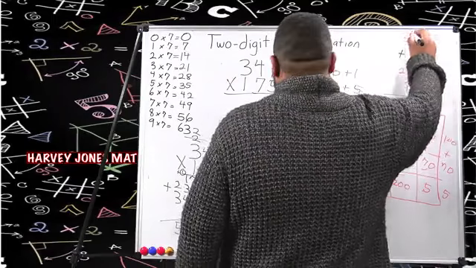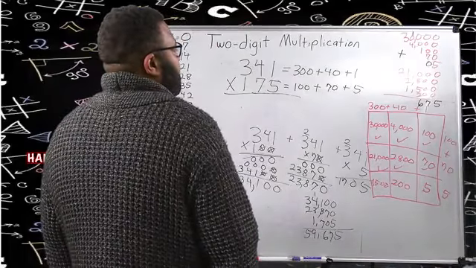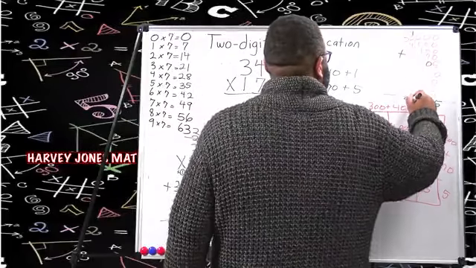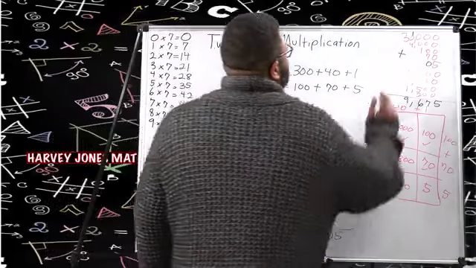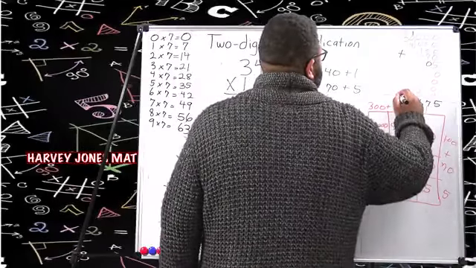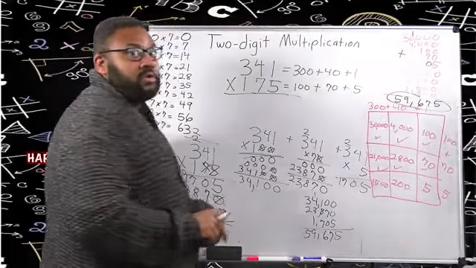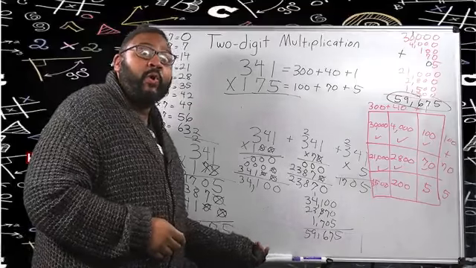And I carry my 1. Feeling good, folks. All right, let's check this out. 4, 5, 6, 7, 8, 9. Feeling good. And finally, 3 plus 2 is 5. Woo! Ric Flair, woo! All right.